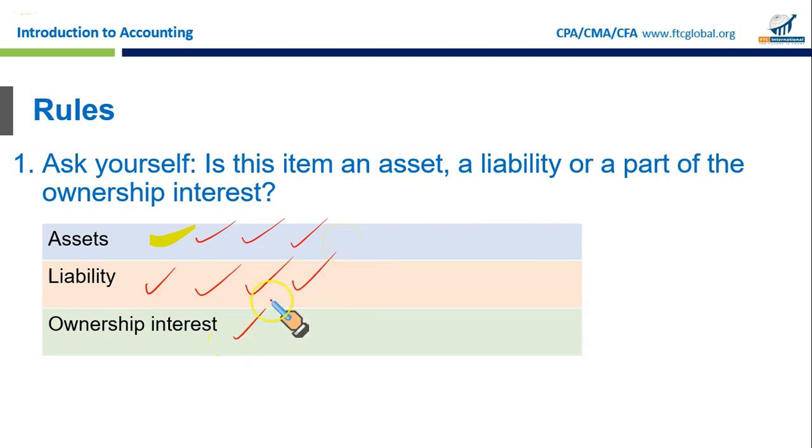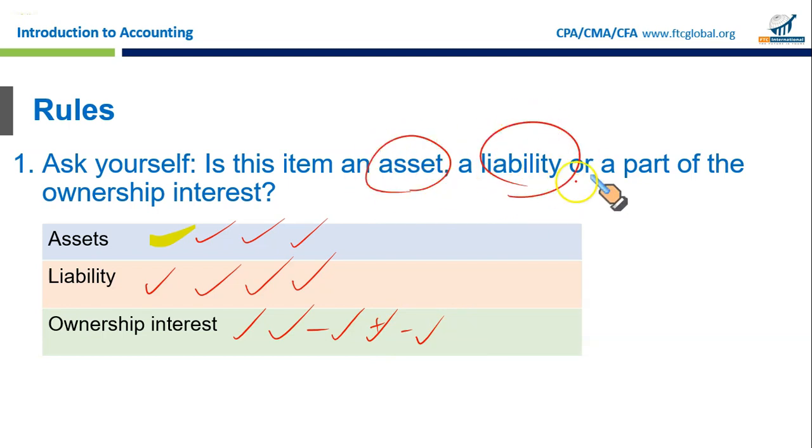Investment by the owner, ownership interest. Additional investment by the owner, ownership interest. Drawings made by the owner, deduction from ownership interest. Any revenue is added to the ownership interest. Any expense or loss is deducted from the ownership interest. So we need to be able to distinguish between different items, whether it is an asset, a liability, or an item that affects the ownership interest.